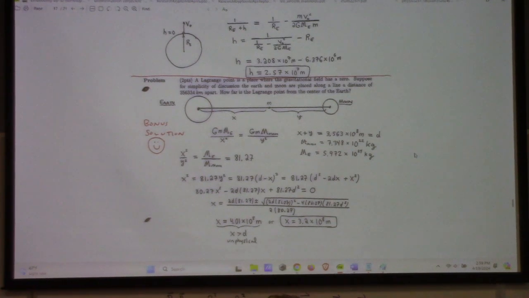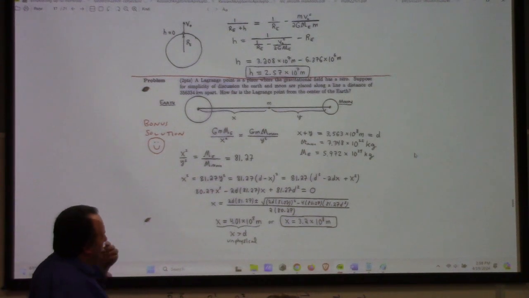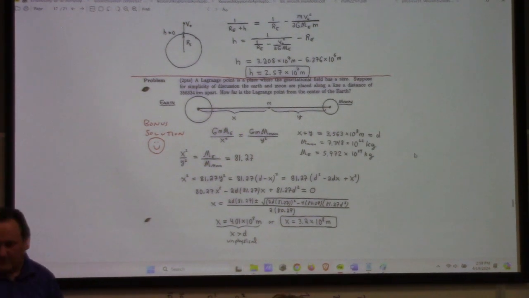Yeah? And it's a real pain to find out where that point is in terms of the algebra, because you're working out that the sum of the distances is the distance from the Earth to the moon, and you've got the forces balancing like that, but the algebra is just a pain. You're like, this wasn't in our homework. We don't have to talk about this, but it is a reasonable test question.